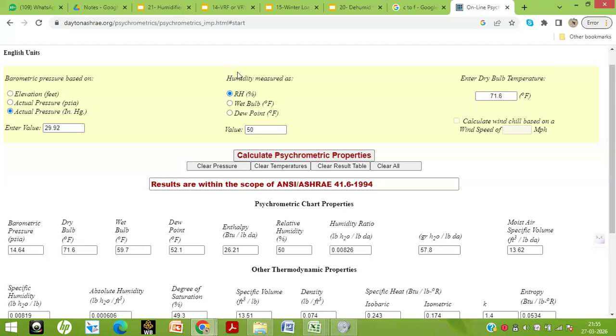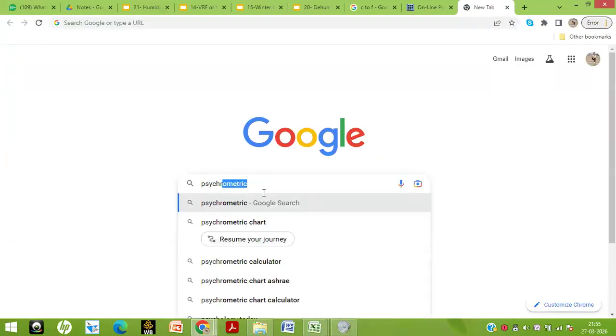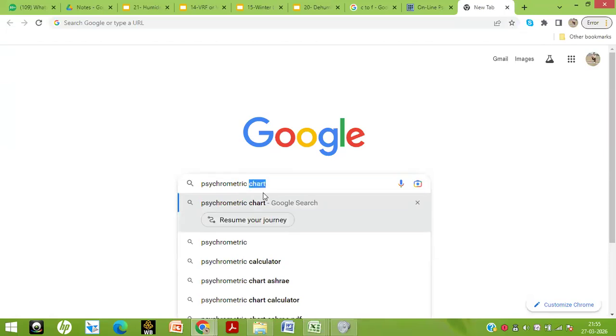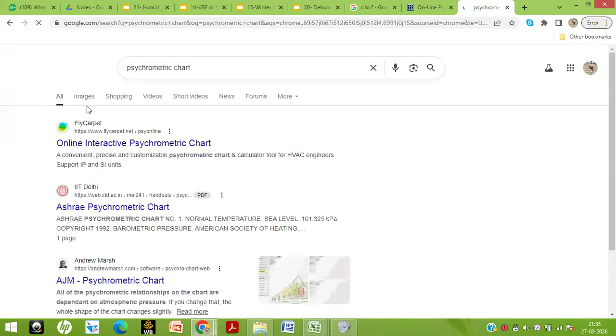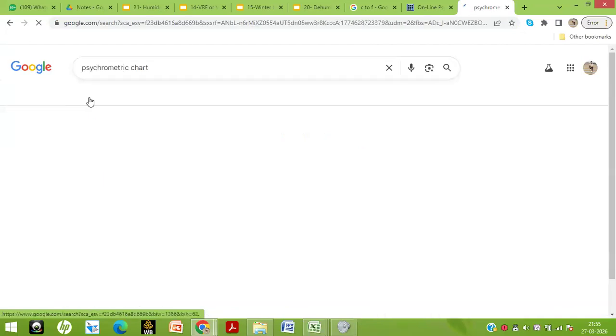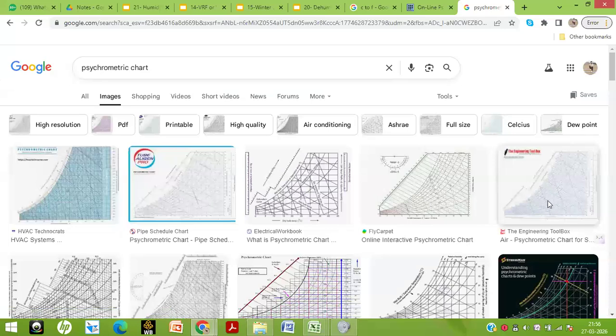No, let me open the psychrometric chart. The humidity ratio in kg per kg of dry air will be very small, actually 0.00.